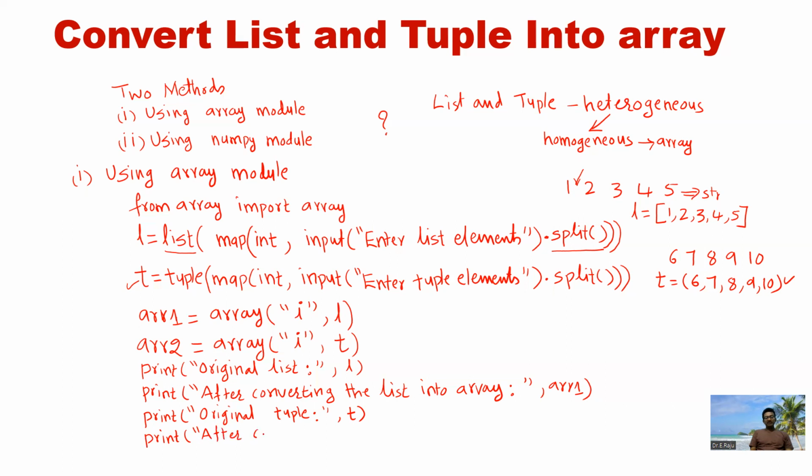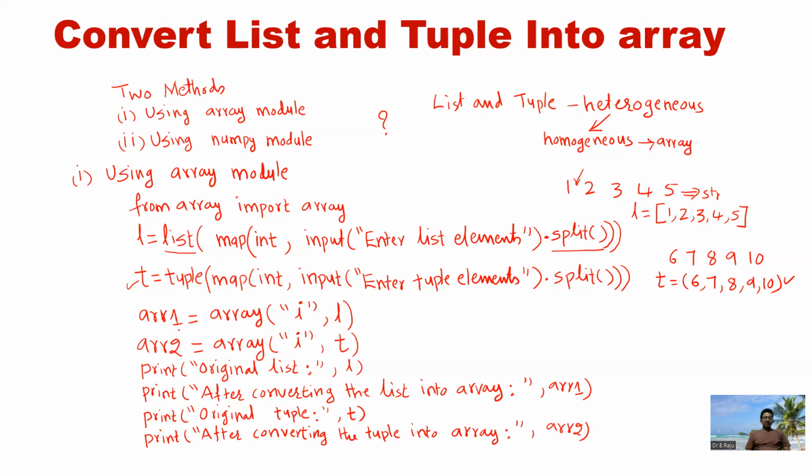So after converting the tuple into array, give the variable where we have stored it, called arr2. So this prints the tuple after converting into array.